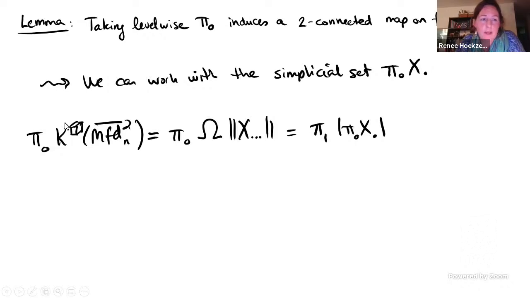So what I get is pi0 of my k cubes, which by definition is pi0 of loops of the realization of the trisimplicial space. It's the same as, taking out loops, so it's pi1, and it's pi1 of the normal realization of pi naught of this diagonal, which is just a simplicial set.